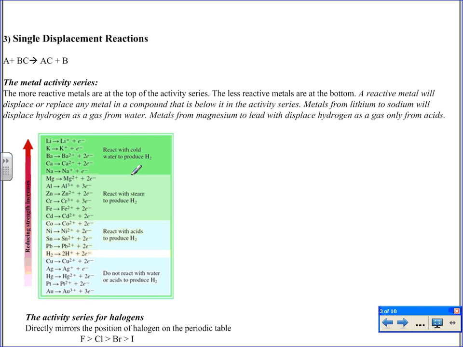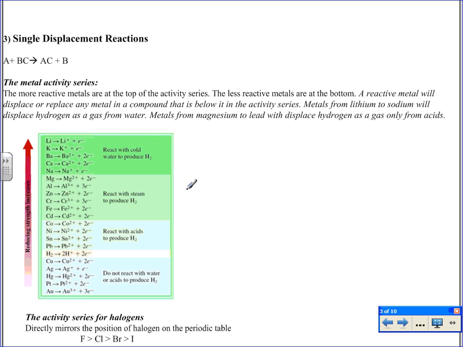Anything from sodium to lithium, these will react with water quite vigorously. This section here will react with steam, but you're not going to see that covered very commonly. Anything above the hydrogen here, these ones will react with acids to produce hydrogen. And then other than that, this list can be used to compare the reactivities of one metal to another.